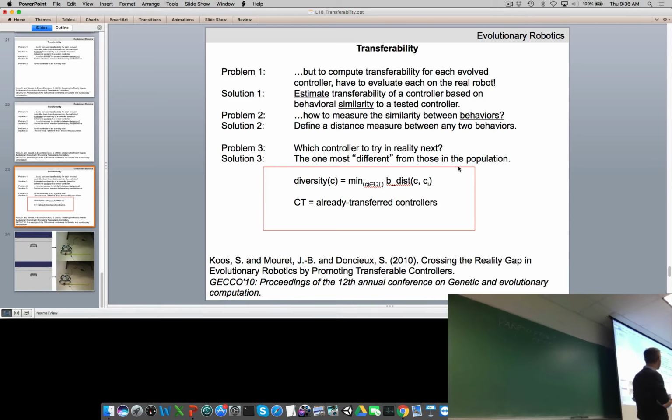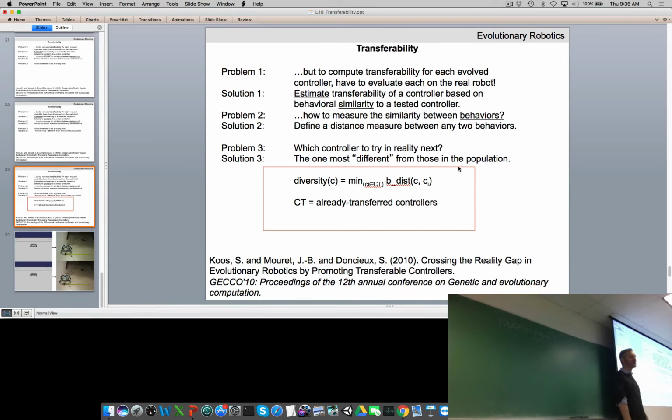How do we know that it's different? Well, luckily, we've already defined this distance metric, so we can just reuse it. If we're thinking about the diversity of C, how different is C from all the other CIs in the set CT that we've sent across already? We take the distance between C and each CI, and we take the minimum then of all those distances.